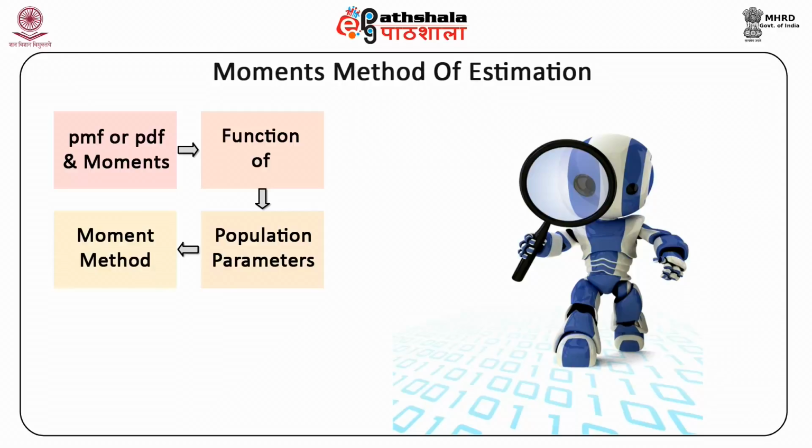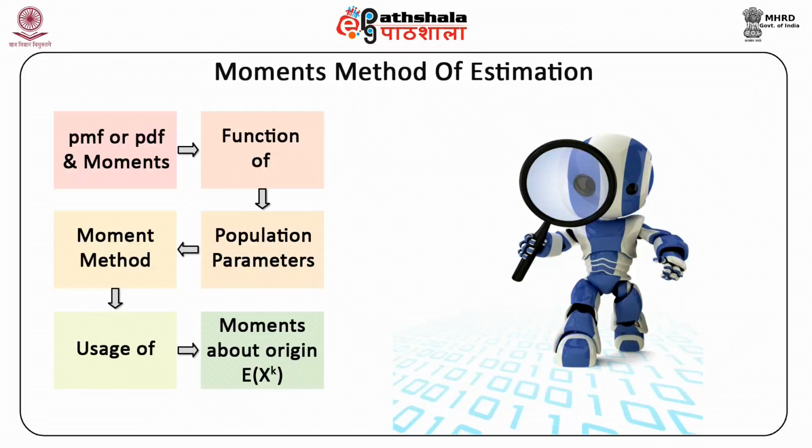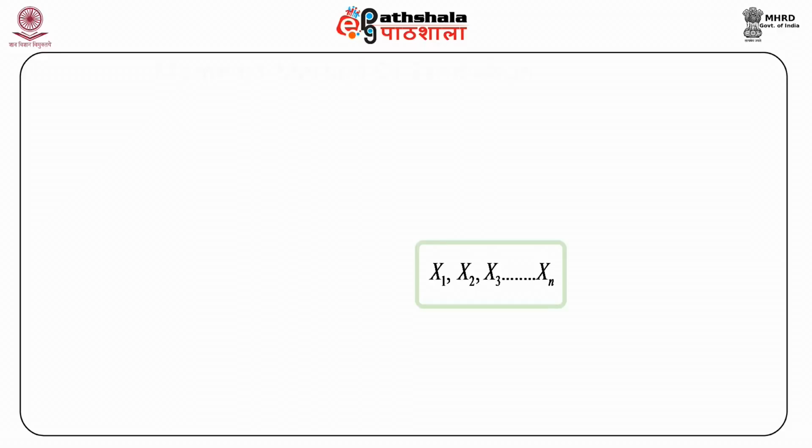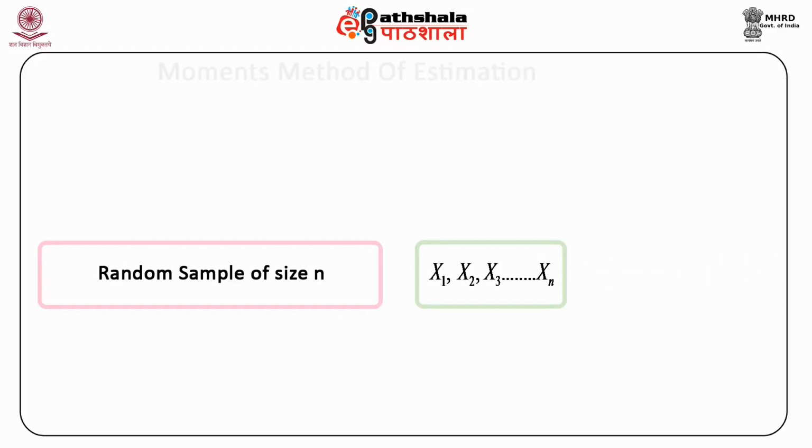In the moments method, we use the moments about the origin, that is expected value of x raised to power k. Now let x1, x2, x3 up to xn be a random sample of size n drawn from this population. Students, please remember this is small n, which is the size of the sample.